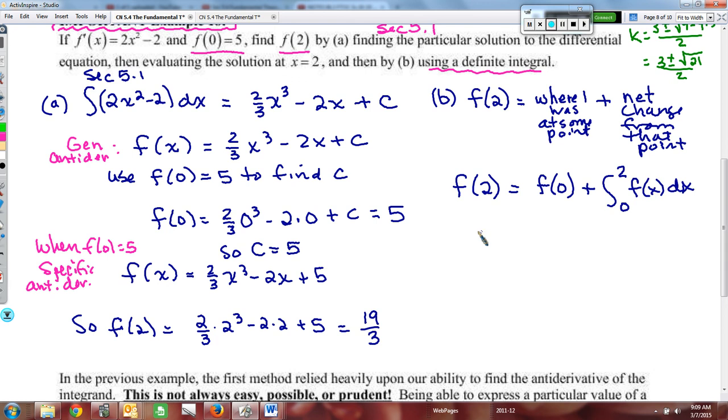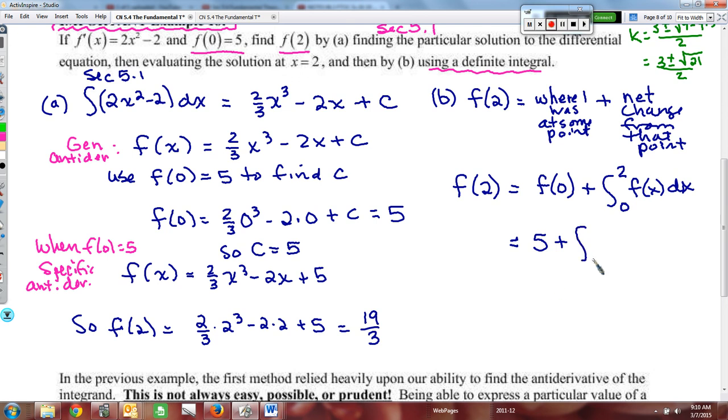I can set up this formula to find any function value I want, given that I know where I was at some point, and then I calculate the net change from that point in time to where I want to be. So we can calculate this by plugging in our 5 and then calculating this definite integral instead of an indefinite integral. And hopefully you see that they are very much related to each other.